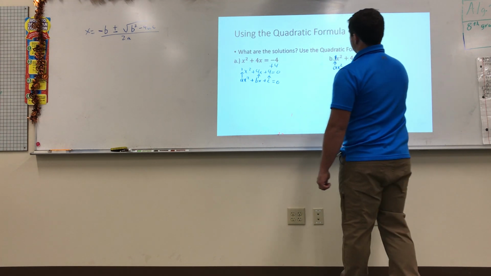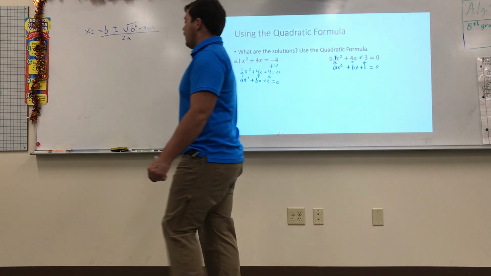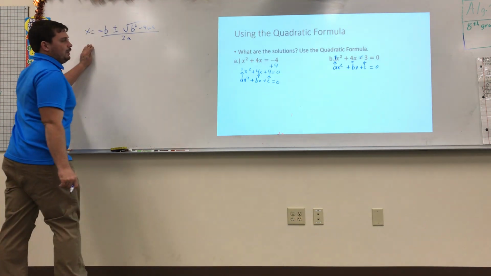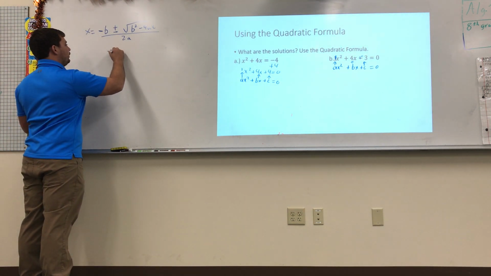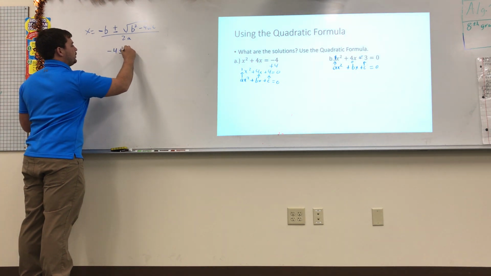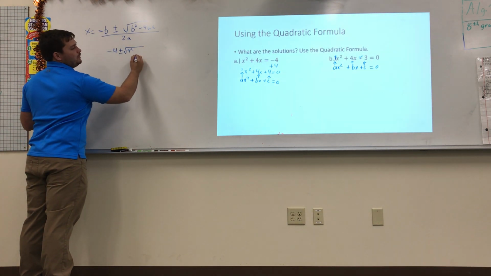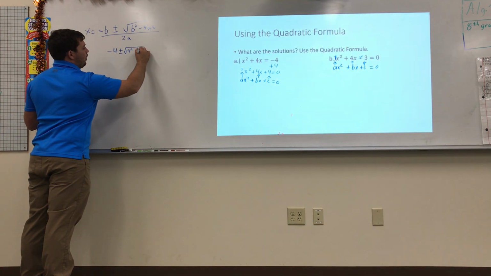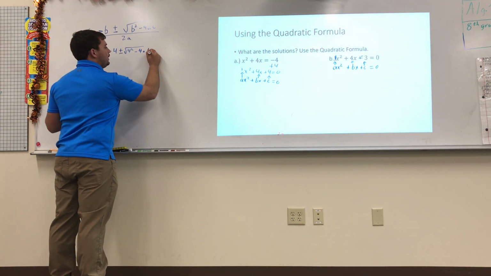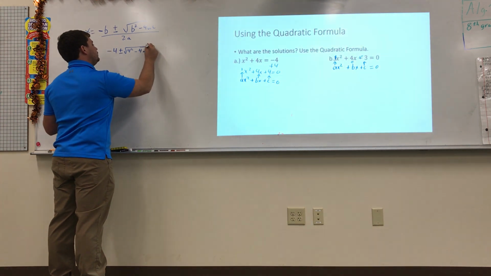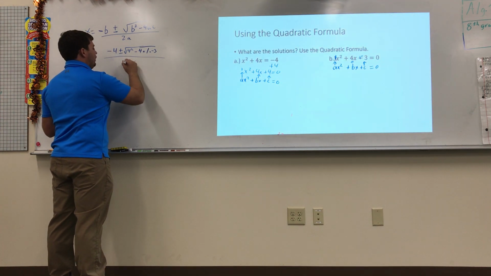And there's nothing here, so technically it's a 1. Okay, now I can sub it into this formula. b is 4, so negative 4 plus or minus the square root, once again 4 squared, minus 4 times 1 times a negative 3, all over 2 times 1.